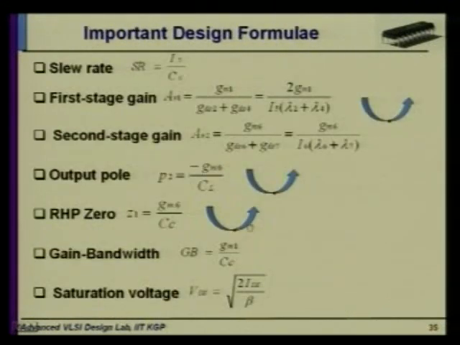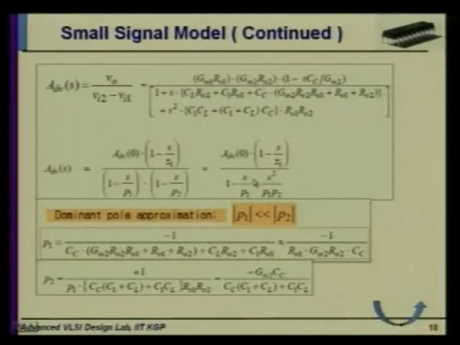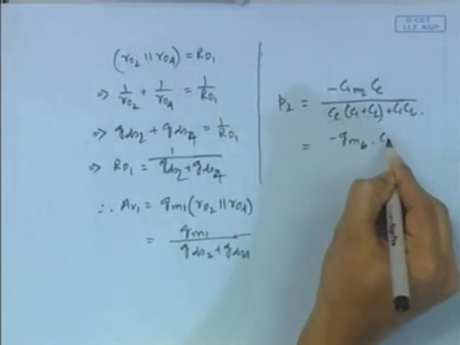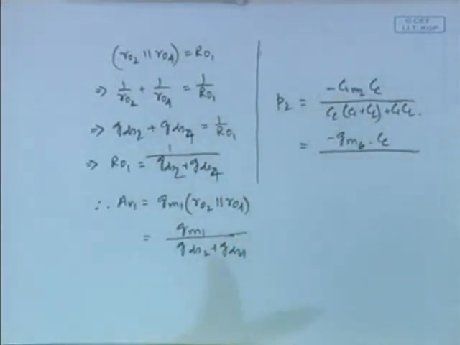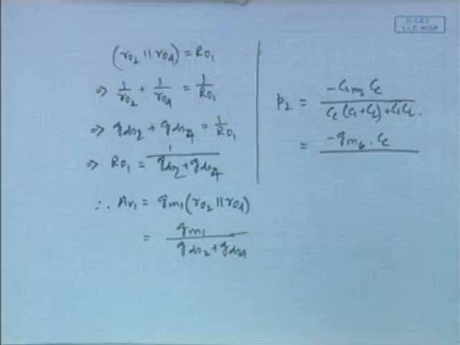Okay. So basically what we are left with, that this is minus GM6. CC is the compensation capacitor. And what about C1? C1 is basically the parasitic capacitance related to the first stage. But right now, throughout our calculation, we will leave that part. I mean that parasitic capacitance we should not consider.